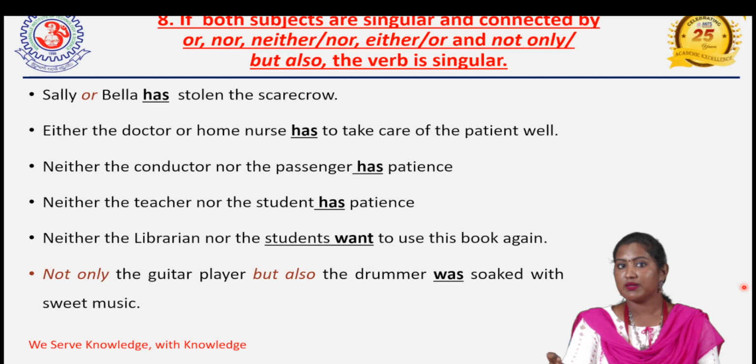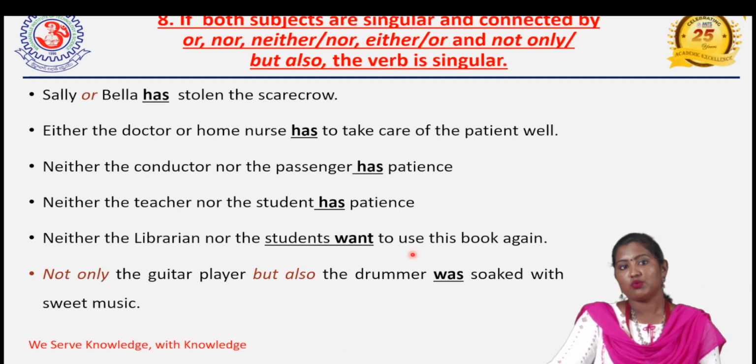If the subject is singular, the verb has to go ahead with a singular verb as per the subject: student wants. Whereas if the plural form students is there, we use the verb as want.